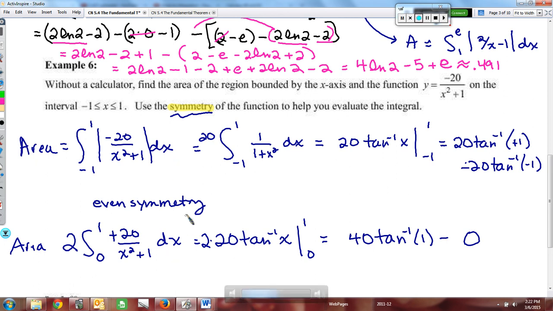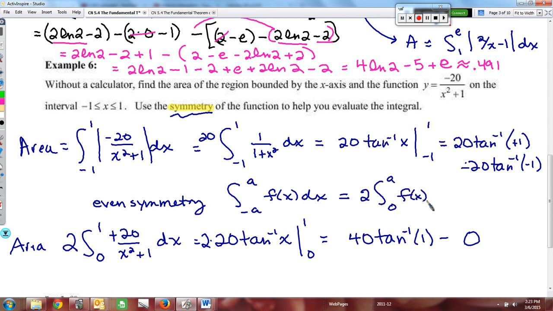If I have even symmetry, the integral from -a to a of f of x dx is always equal to twice the integral from 0 to a of f of x. And that works whether you put absolute value in to make it an area or not. So that's one thing to look at.